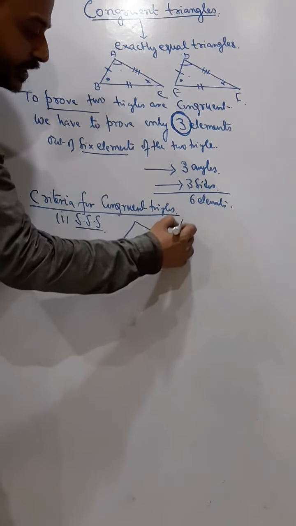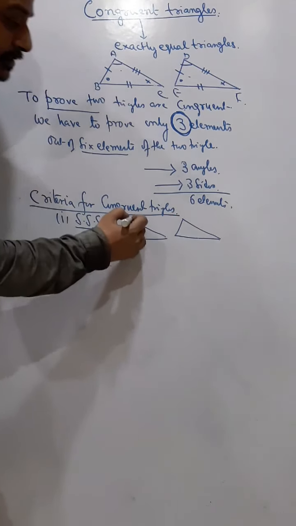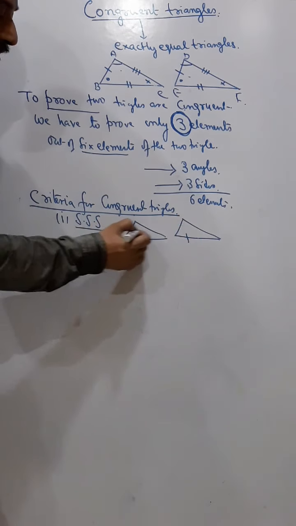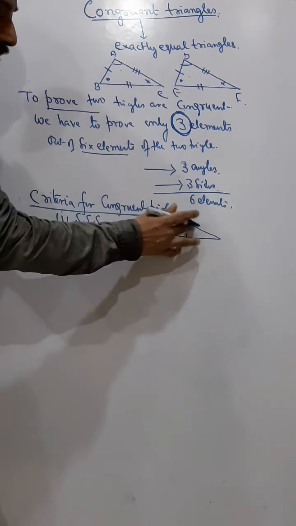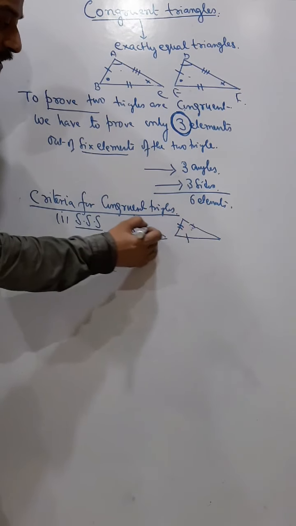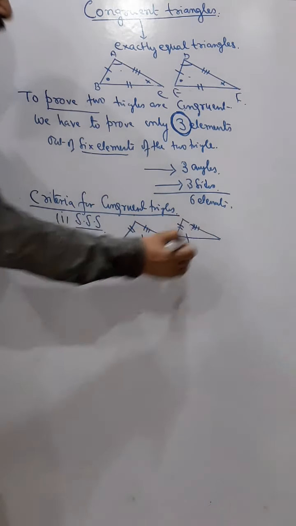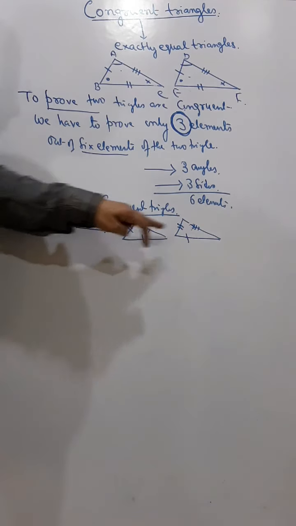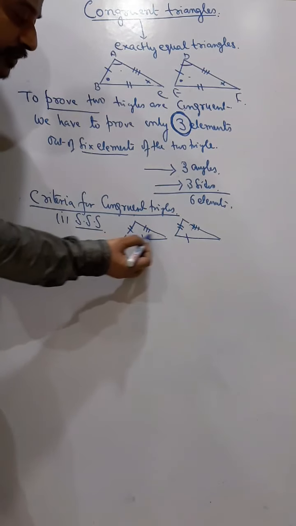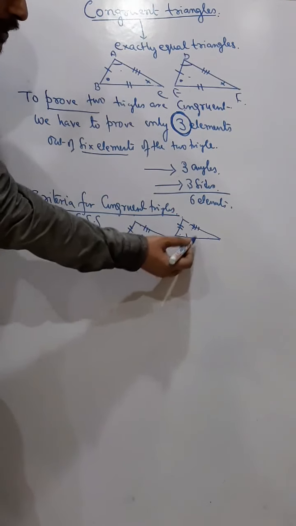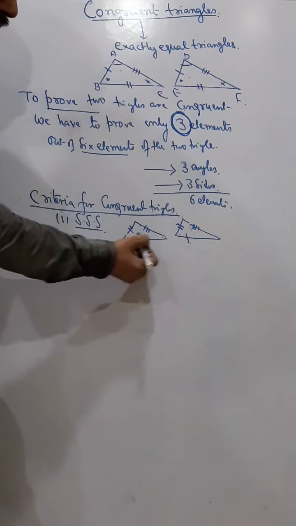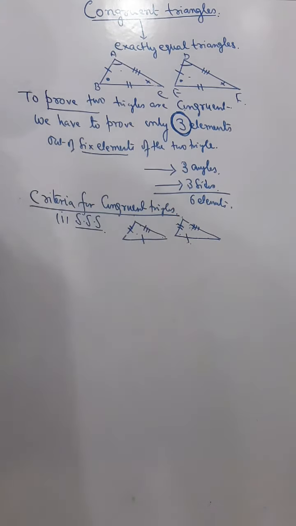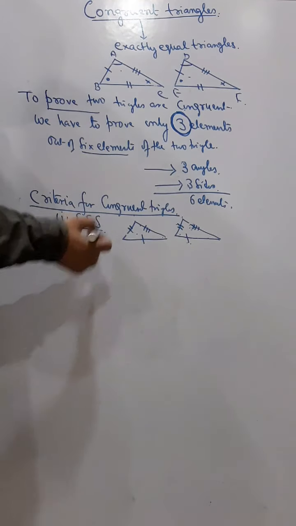Suppose in these two triangles this side is equal to this side, this side is equal to this side, and this side is equal to this side. Then we can say that these two triangles are congruent. Understand? In this case we don't have to prove the angles are equal, since we have already proved these three sides are equal to each other. Therefore we say these two triangles are congruent, and this we call SSS criteria.